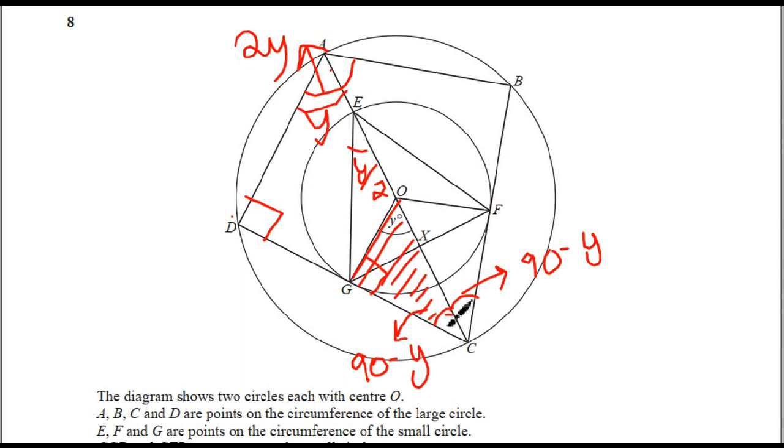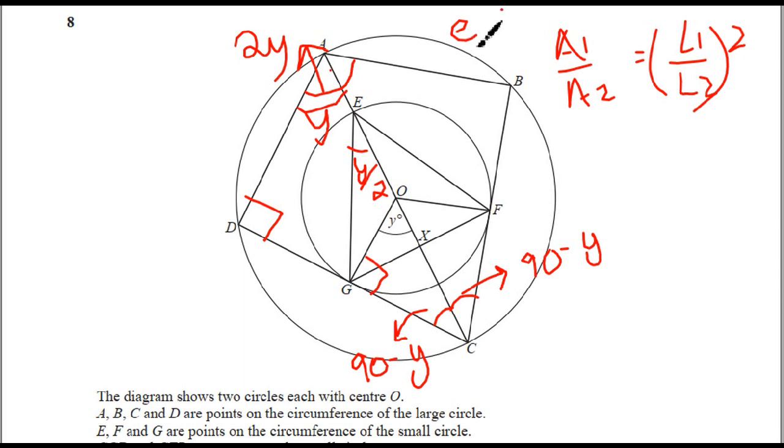We've already established that these two triangles are similar. So we can use the formula A1 over A2 is equal to L1 over L2 whole square. We're doing E1.